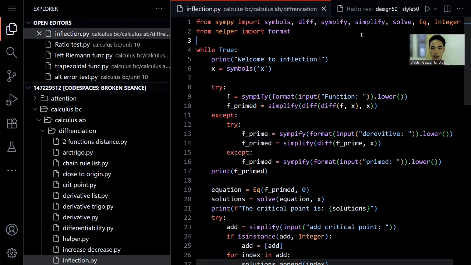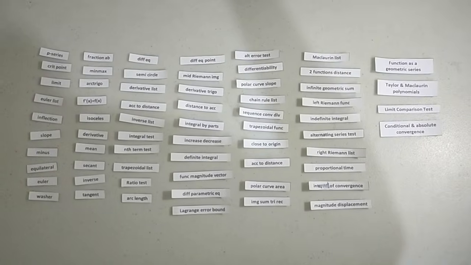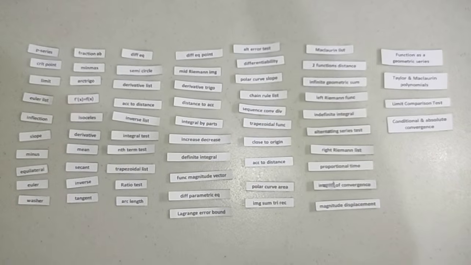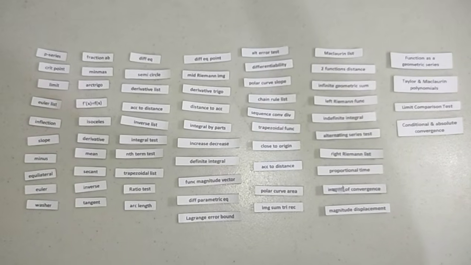Now I'm going to test my calculus calculator. Guys, here are 64 modules from AP Calculus AB and AP Calculus BC. Now I'm going to randomly pick 5 modules to prove that my calculus calculator works.